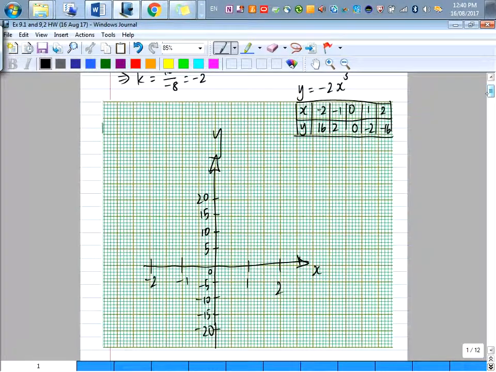So it's time to plot corresponding values, -2 with 16. Let me use another color. -2 and 16, -1 and 2, 0 and 0, 1 and -2, 2 and -16.